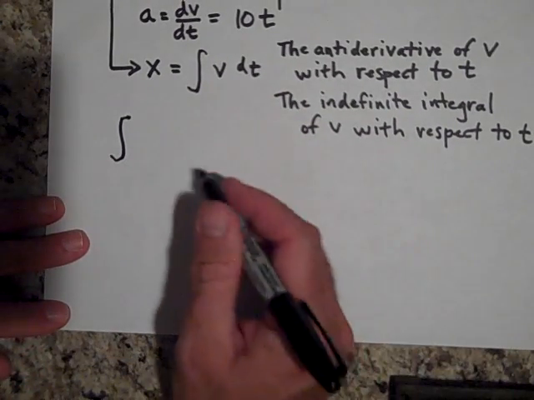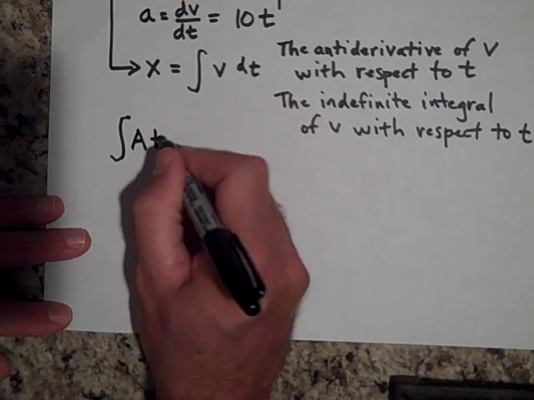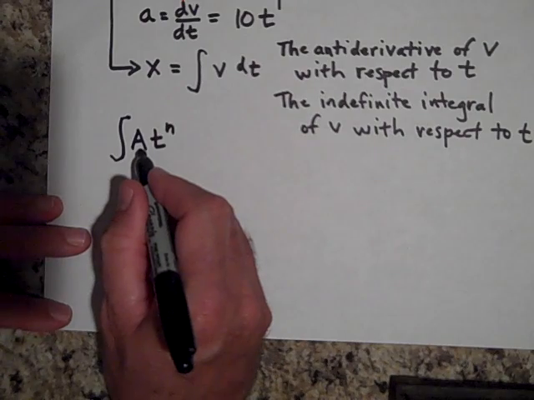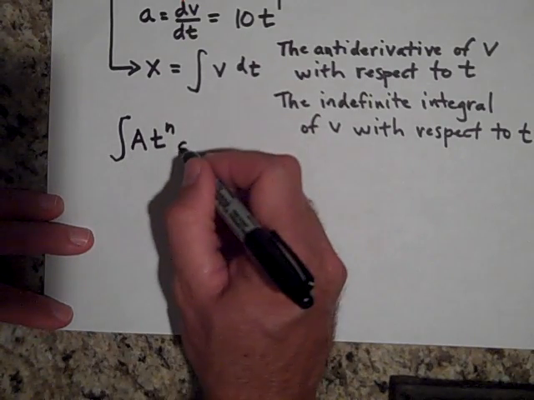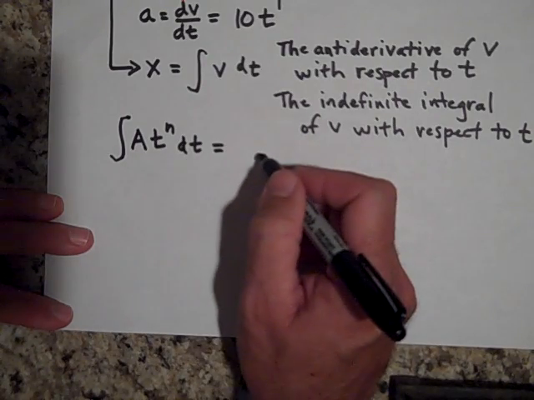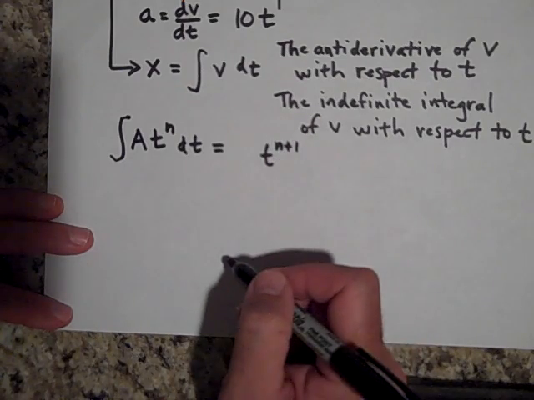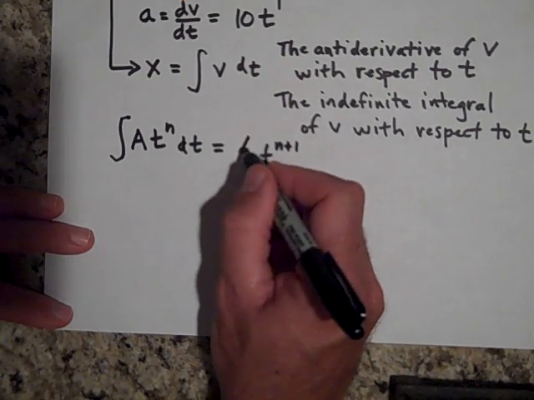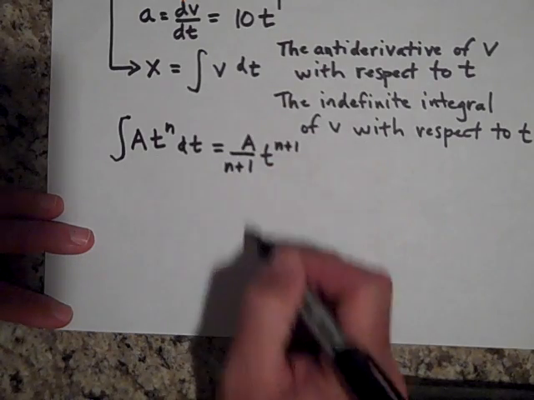If you're trying to find the antiderivative of, say, a function a times t to the n, where a is a constant and n is a constant, and you're trying to do that with respect to time, then what you do is you're going to add 1 to the exponent, and you're going to take your coefficient and divide it by n plus 1.